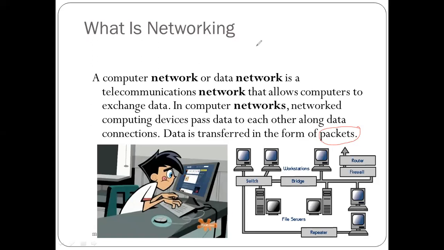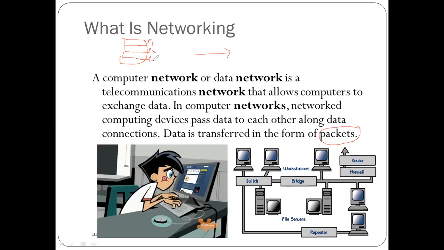So what I'm saying is that our data is broken down into small packets. Try to understand in this manner. I'm not going into the detail, but I just want you to understand what I want to convey. So we have packet 1, packet 2, packet 3.